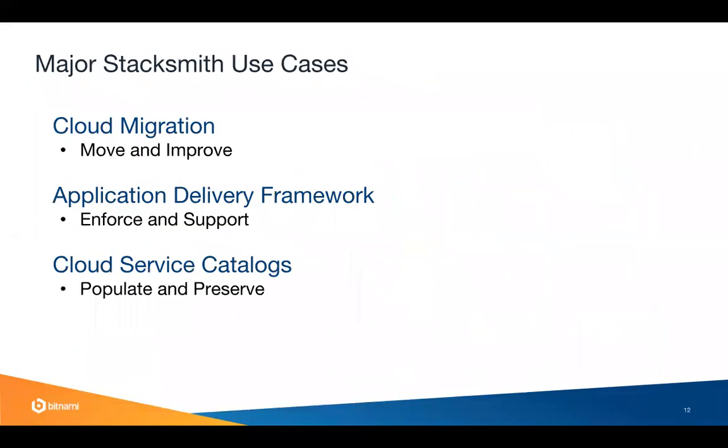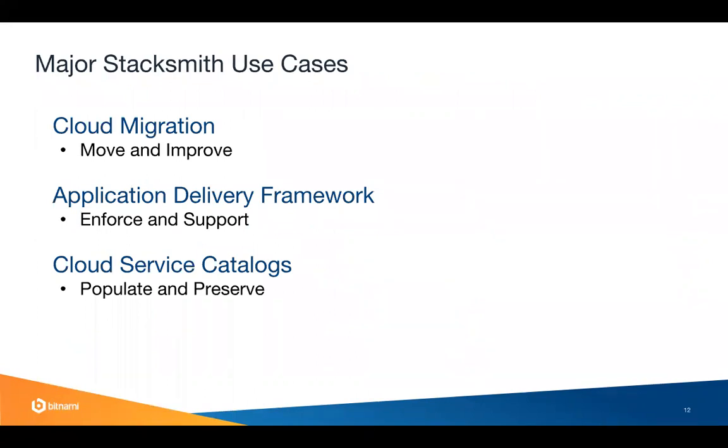We talked about the cloud migration use case, in which we're taking applications from the data center to the cloud, from one cloud to another cloud, from data center or cloud to containers, and improving them to the target. There are other major use cases for Stacksmith as well.